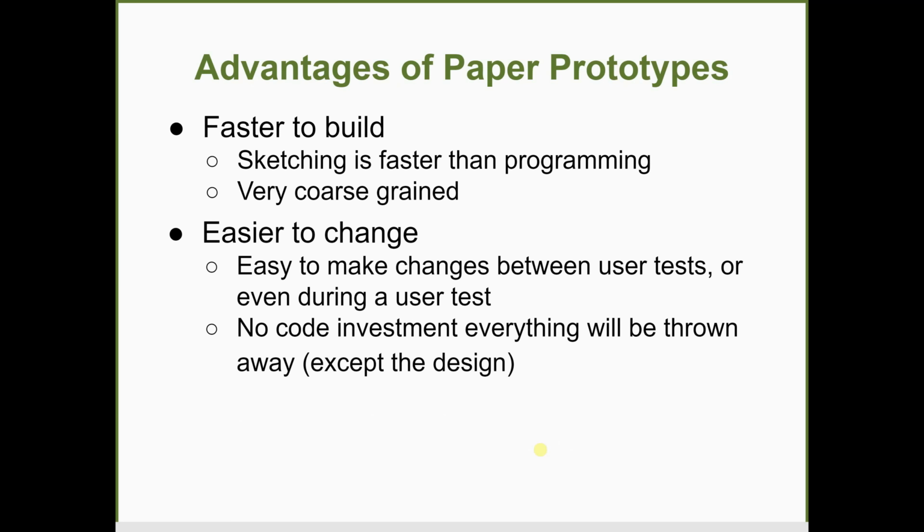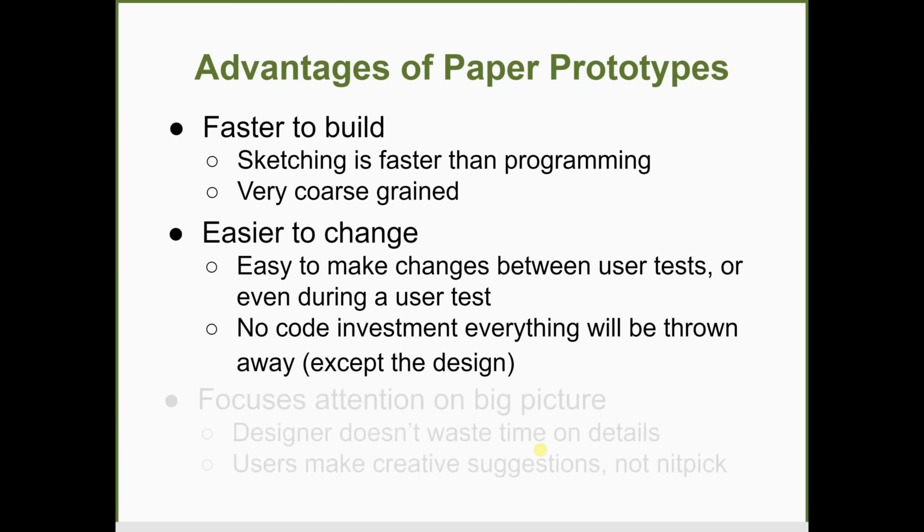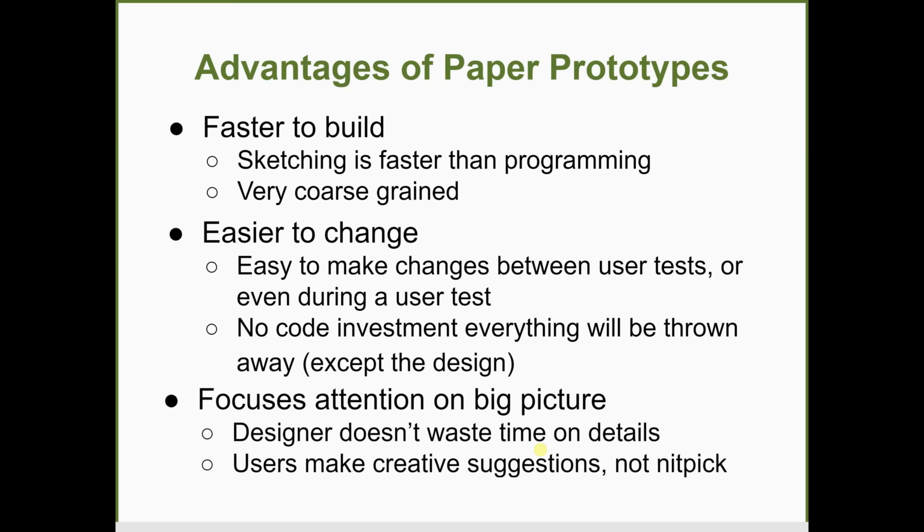Secondly, paper prototypes are easier to change. You can even change it during user testing. If part of the prototype was a problem for one user, you can scratch it out or replace it before the next user arrives. Surprisingly, paper is more malleable than digital bits in many ways. Paper sketches also encourage people to be more creative and make suggestions easier.